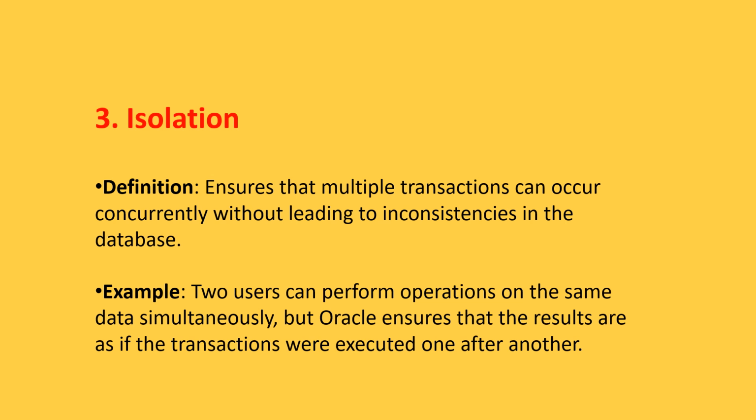We should get our data. That's what isolation is in the Oracle database. You can see an example. Two users can perform operations on the same data simultaneously, but Oracle ensures that the results are as if the transactions were executed one after the other.